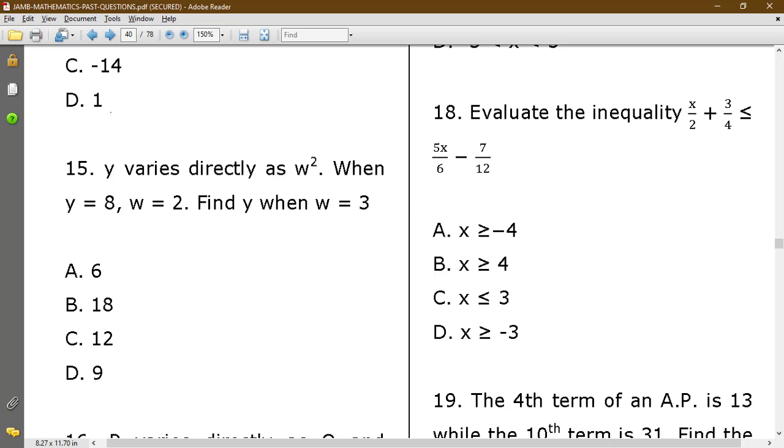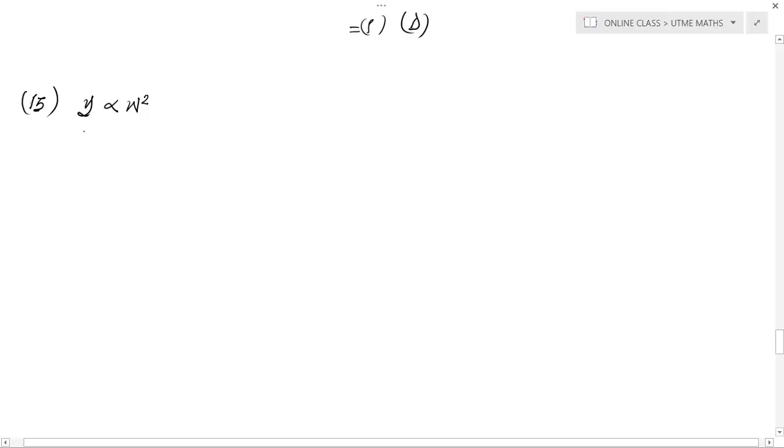Find y when w equals 3. So here, the first thing we do is change the variation sign to the proportionality constant. You now write y equals k w squared, you change to y over w squared equals k. So here, since it is direct proportion, don't bother yourself. Just find k here, and that k gives you y over w squared.